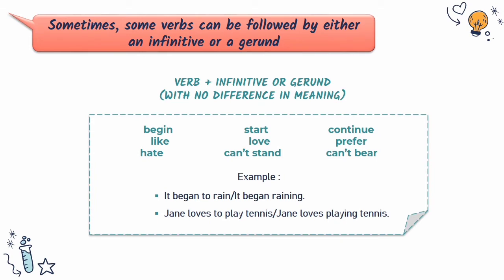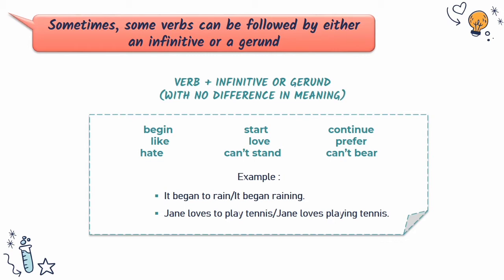So the to infinitive gives more emphasis to the result of the action or event. It is also used to express habits or preferences. So in the first sentence, that is, Jane loves to play tennis, it can be told that tennis is a habit or preference for Jane. Now take a look at the ing form.